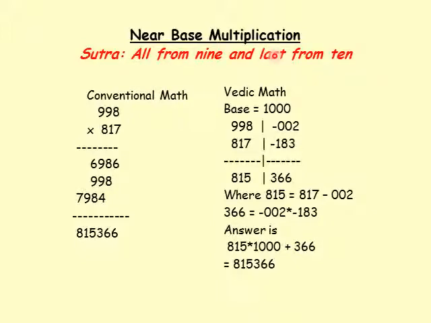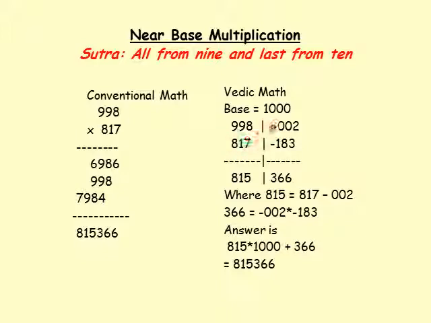Now the multiplication part is easy. On the left side, we cross apply the deviations. The deviation is minus 002 for 998 and minus 183 for 817. So we cross apply, and the operation involved is minus here.